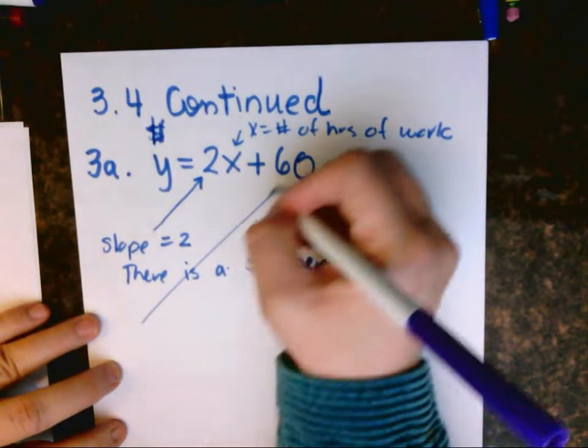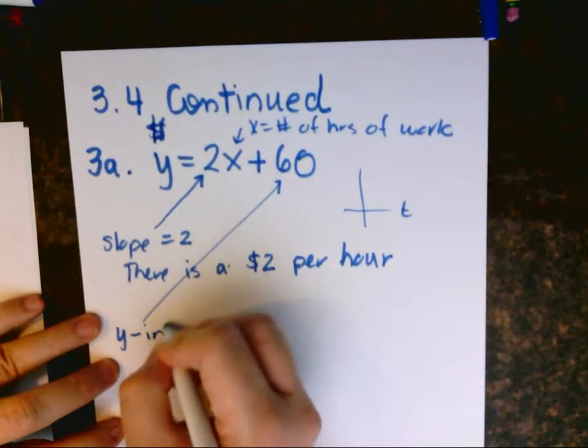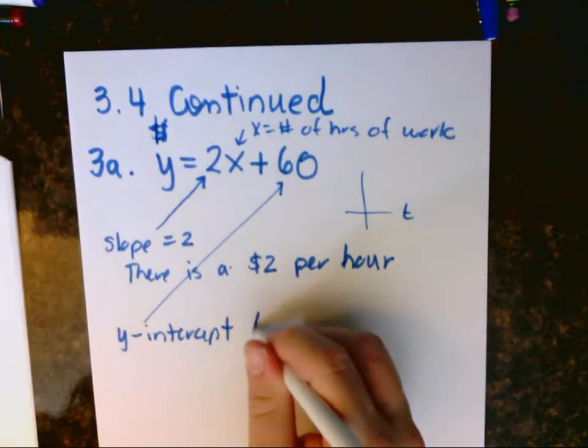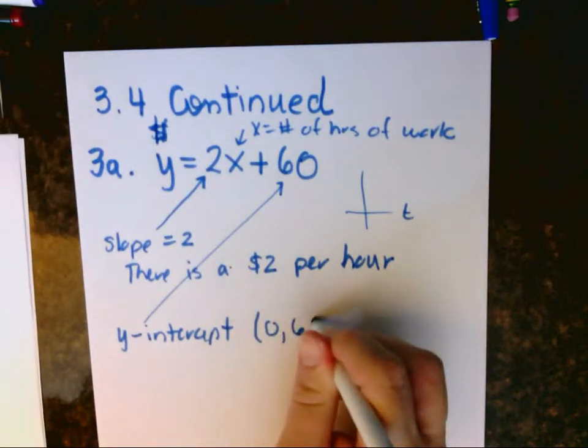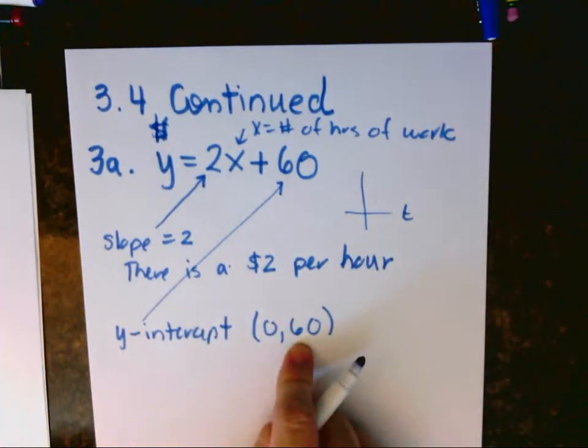Now, they also want us to interpret the intercept. The y-intercept is 60, so (0, 60). So that means at time 0, you already owe $60.